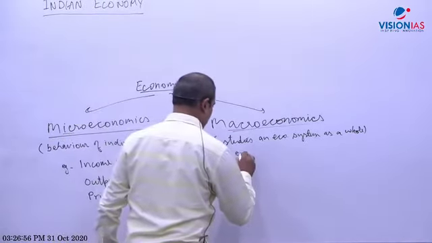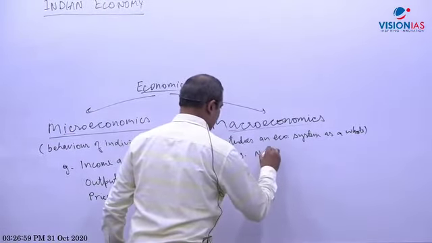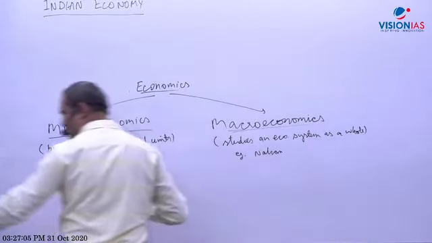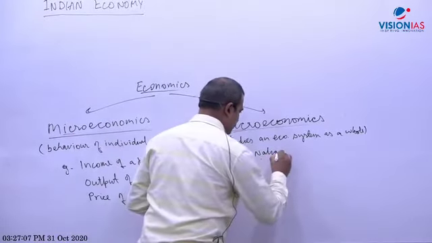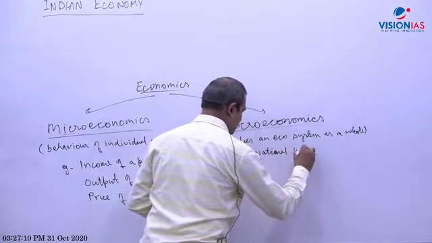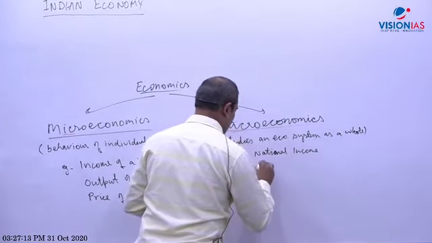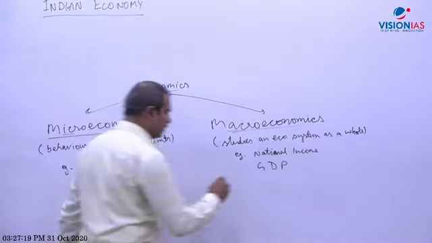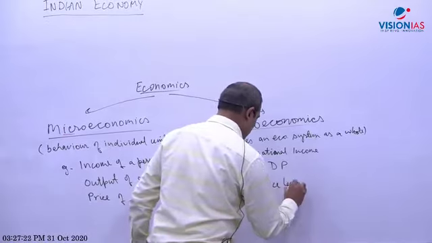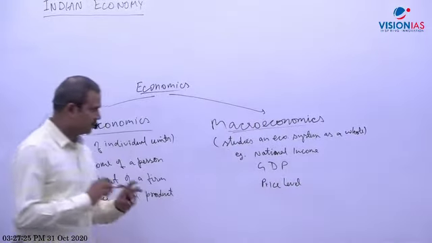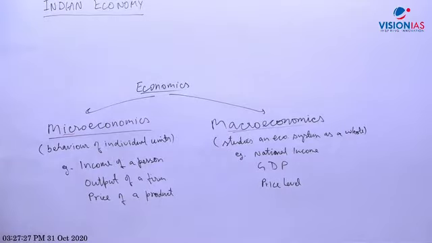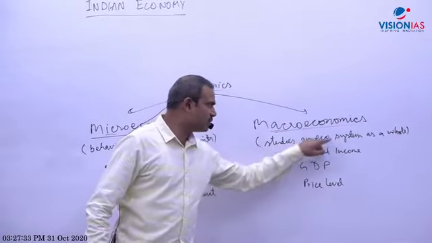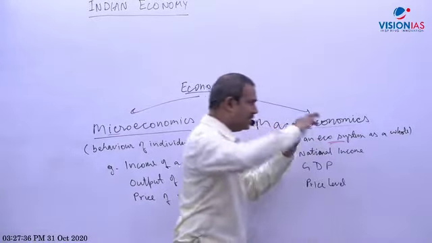Example: national income, GDP, that is gross domestic product, price level, etc. So what I have dictated: it studies an economic system as a whole, the entire economy as a whole.